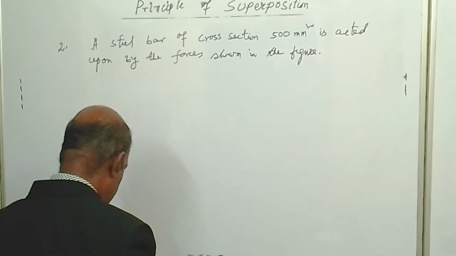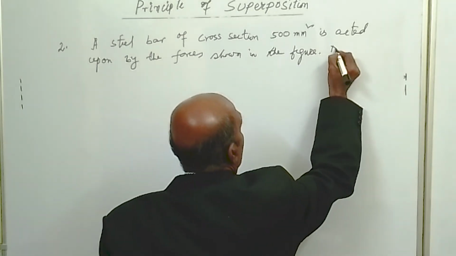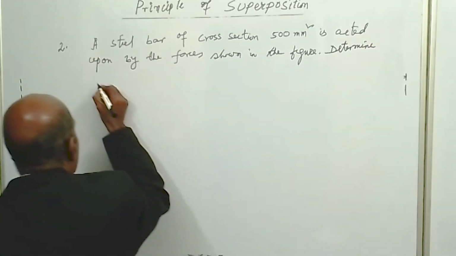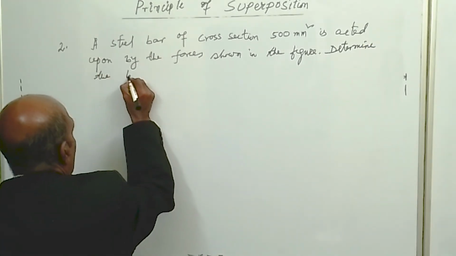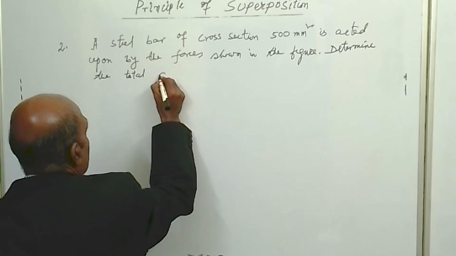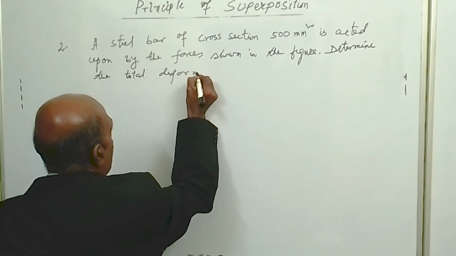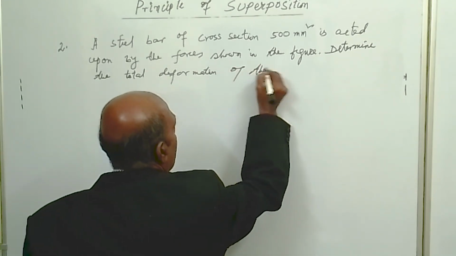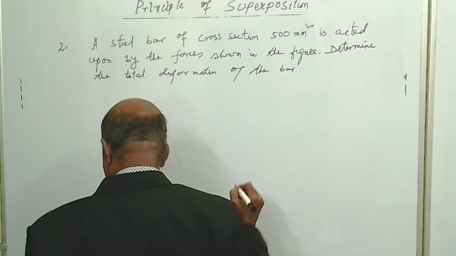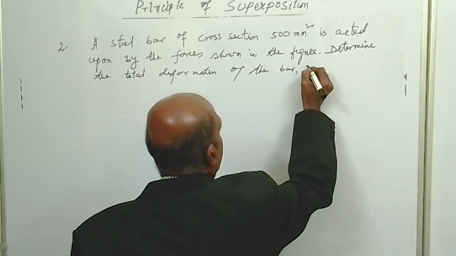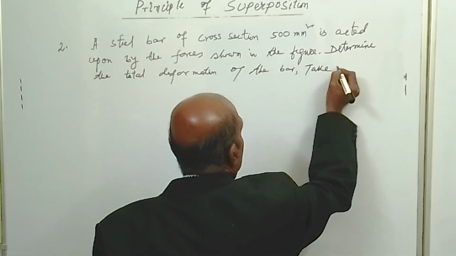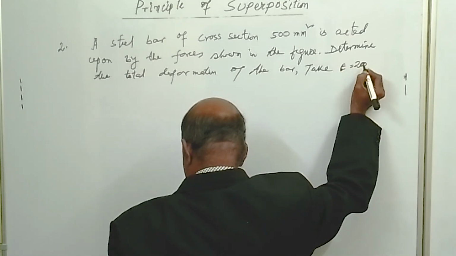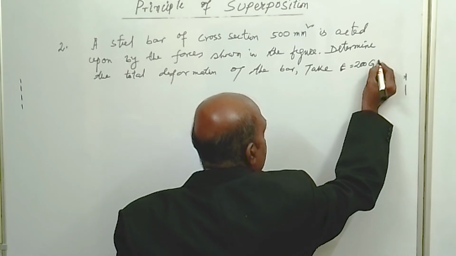Determine the total deformation of the bar. Take E is equal to 200 gigapascal.